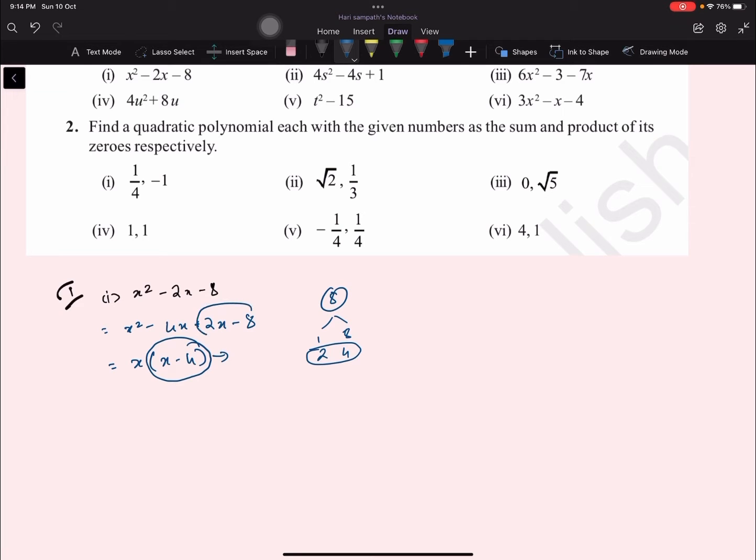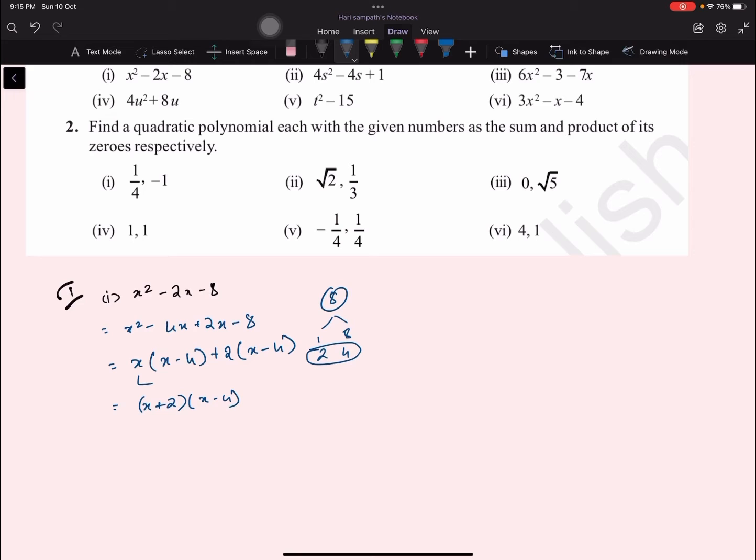When you take the other term as common, let's consider these two terms only, for these types of questions, we get plus 2 and it will become x minus 4. So it's going to be x plus 2 into x minus 4.